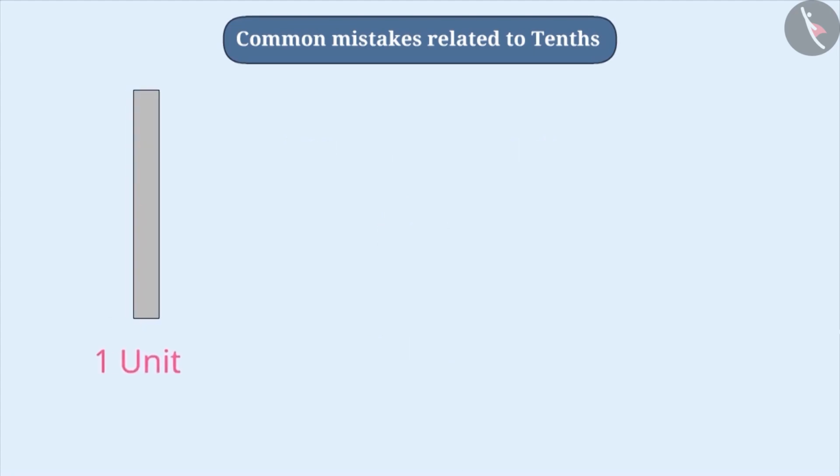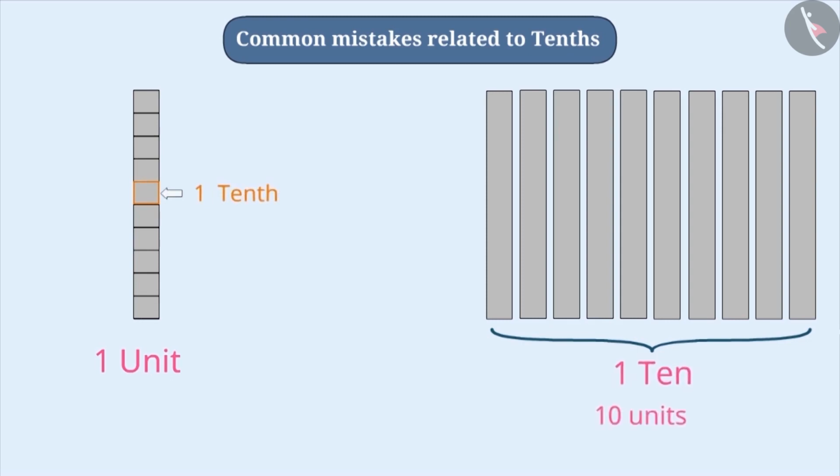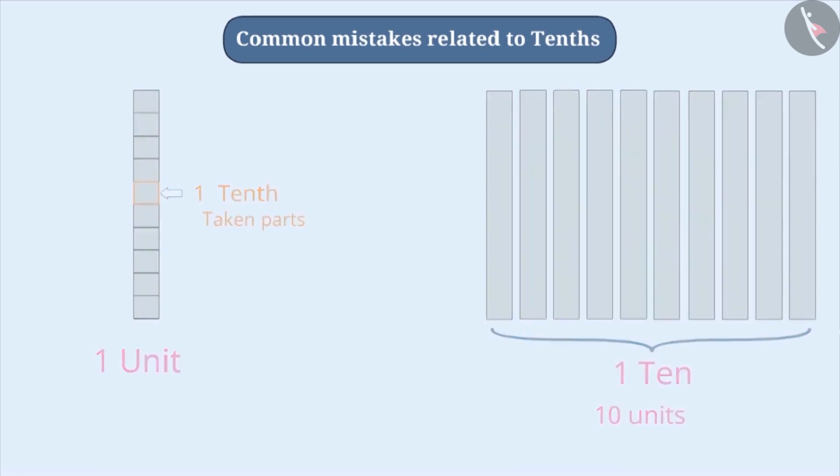If we consider 1 bar as 1 unit, then a group of 10 bars will be called tens. Now if we take 1 bar and divide it into 10 equal parts, then one part of it is called a tenth. So, the digit in the tens place represents the number of groups of 10 units and the digit in the tenths place represents how many parts have been taken out of 10 equal parts of 1 unit.